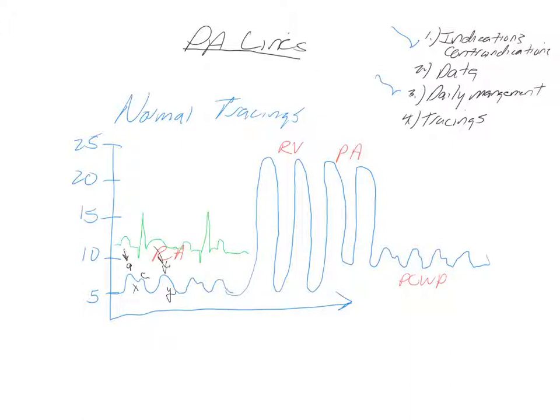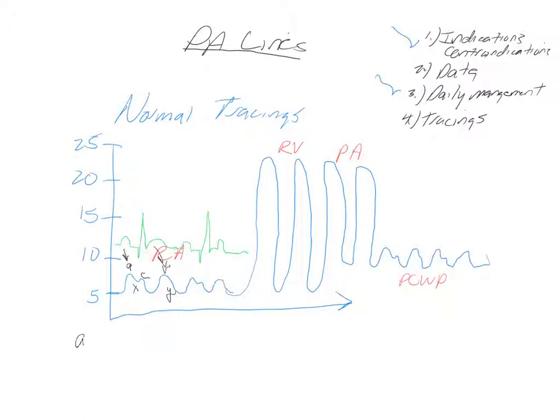And now, although we focus on the RA tracing or the CVP tracing in discussing this tracing in detail, the reality is the pulmonary capillary wedge tracing is identical to the CVP tracing in terms of waveforms. It's only reflecting the left-sided filling rather than the right-sided filling. So let's define the different waveforms.